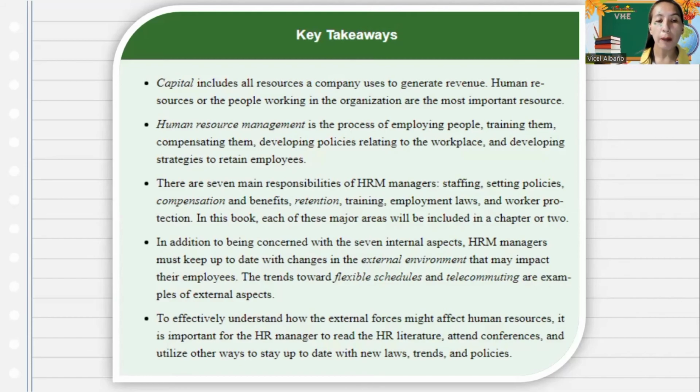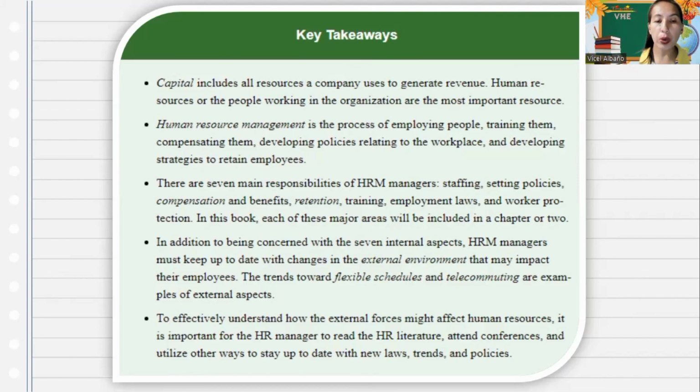In this book, each of these major areas will be included in this chapter or the next chapter. In addition to being concerned with several internal aspects, HR managers must keep up to date with changes in the external environment that may impact their employees.